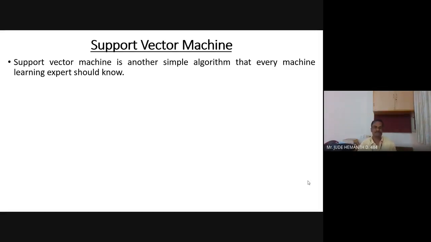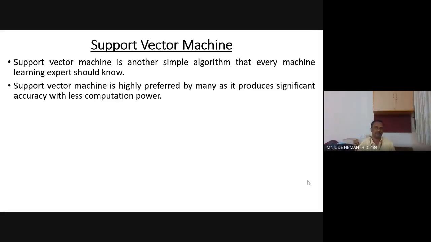Support vector machine is another simple algorithm that every machine learning expert should know. Right? Support vector machine is also called SVM. If you have searched for your project or something like that, you would have come across this specific word called support vector machine. It is highly preferred by many machine learning engineers as it produces significant accuracy with less computation.